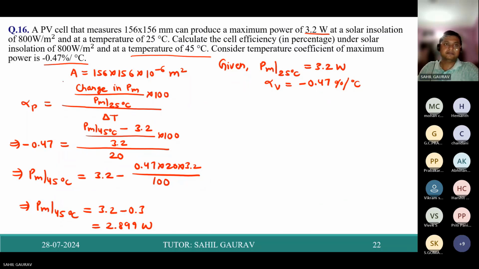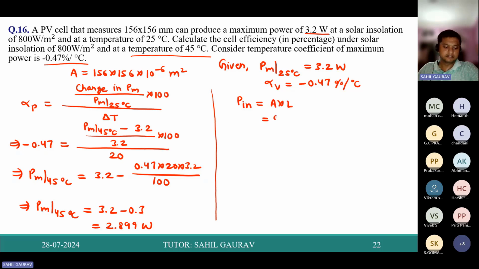Now we have calculated the maximum power for this solar PV cell at 45 degrees Celsius as 2.899 watt. Now we can calculate the efficiency. First for that we will calculate the input power for the PV cell. Input power to the PV cell will be area into insolation.